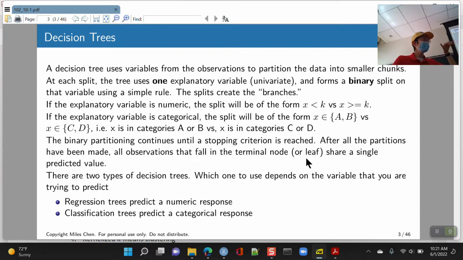Decision trees can only predict as many distinct values as you have leaves, okay? And we have 2 types of decision trees. You have regression trees, which predict a numeric response, and classification trees, which predict a categorical response. In today's lecture, we'll just look at regression trees for numeric response.